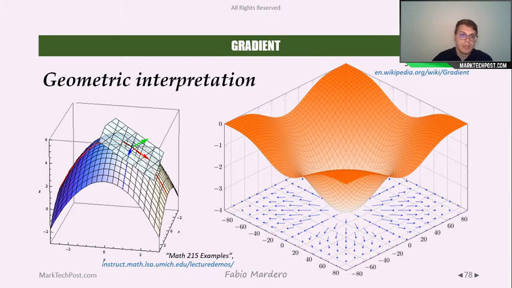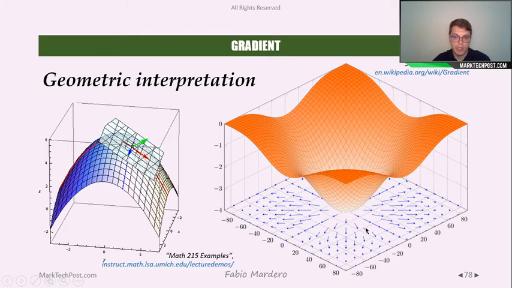The gradient, in this sense, is a vector and can be represented here with its components, which are the partial derivatives. Also, for example, in physics, the gradient can be expressed as a vector field.